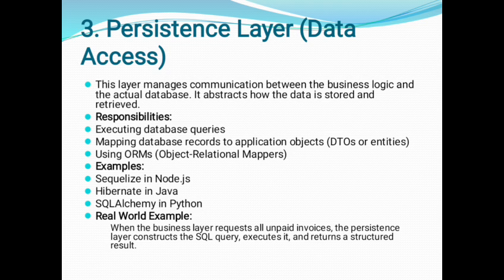Examples: Node.js, Java, SQL in Python. In a real world example, when the business layer requests all unpaid invoices, the data access layer constructs the SQL query, executes it, and returns the structured result. This is the working principle of the data access layer.